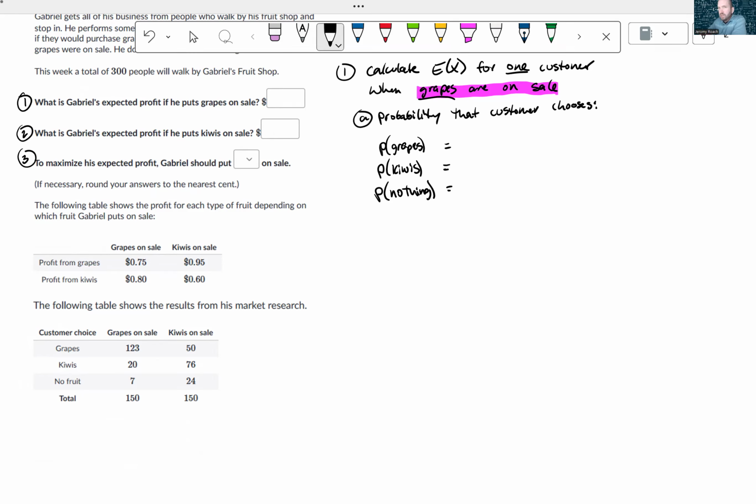Okay, so we're going to look at grapes on sale here to find our probability of the customer choosing grapes, kiwis, or nothing when the grapes are on sale. So the probability a customer chooses grapes is 123 out of 150. The probability they choose kiwis is 20 out of 150. The probability they choose nothing at all is 7 over 150. Okay, now we're going to calculate the expected value.